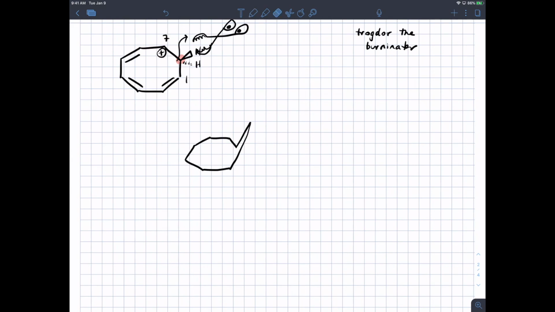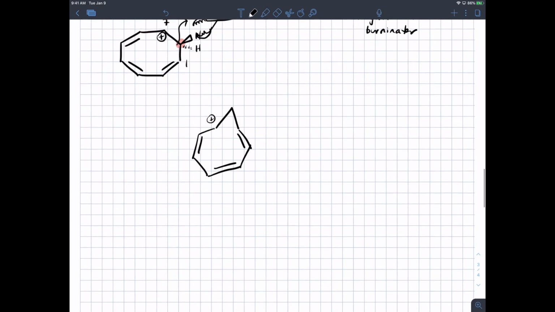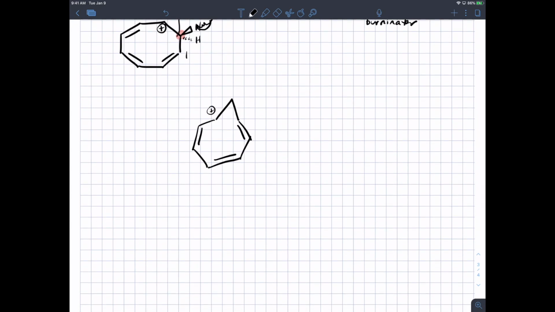Oh boy. All right, let's put the kink point there. Here's the positive charge. 1, 2, 3, 4, 5, 6, 7, 8. So now it looks like a sad robot with a bump on its head.